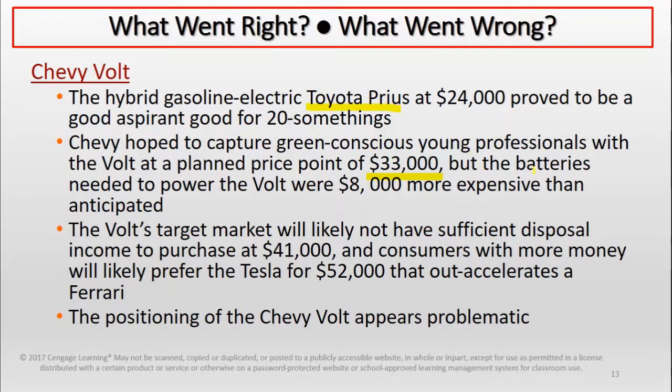However, the batteries needed to power the Volt were priced at 8,000 more than unsa ang ilahang expected. So instead of ilahang plano is at 33 ra, mahimong 41 na ang ilahang price point sa ilang Chevy Volt. Now, if adto na sila sa 41 nga mark, ang kinsa man nga mga consumers ang naa dito na range, di ba?